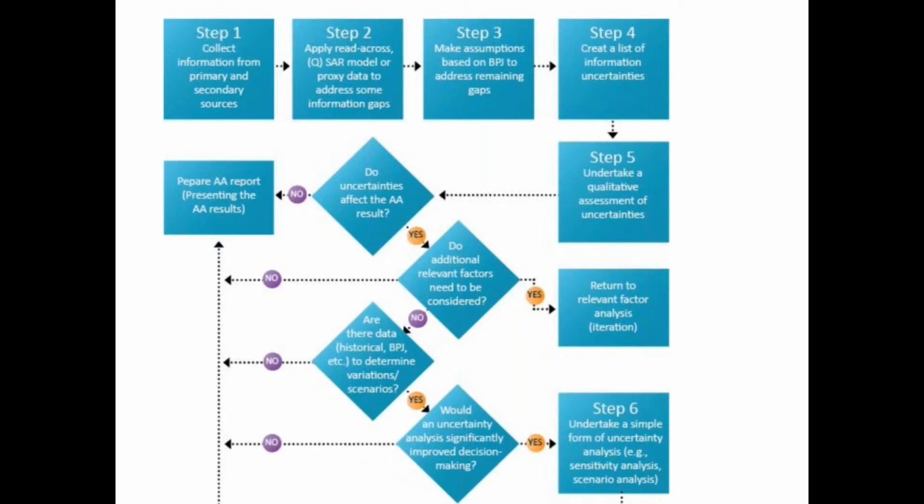If you had an indication that your answer is driven primarily by these 3 or 5 pieces of data, you could then focus your uncertainty assessment on those key pieces of data. What do you think?